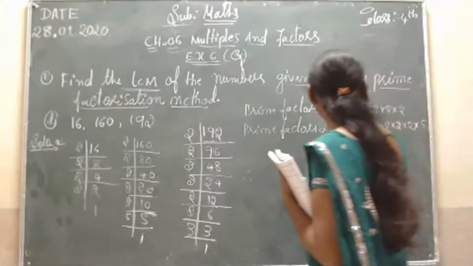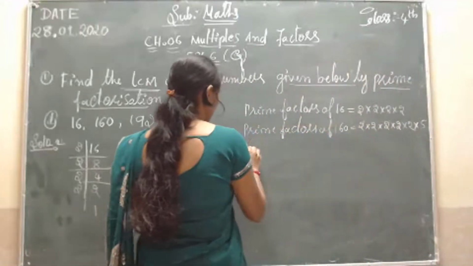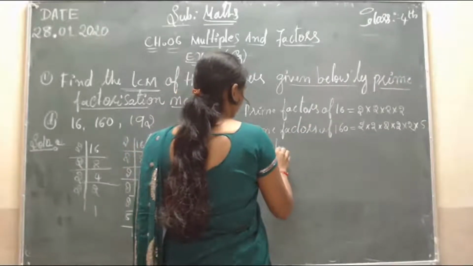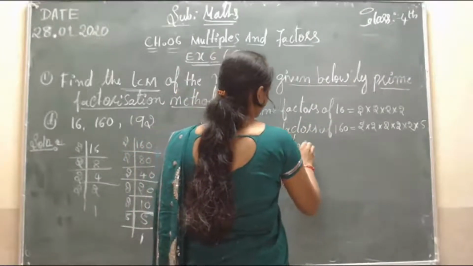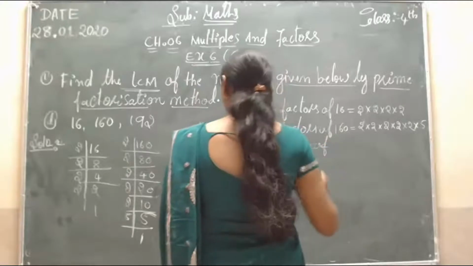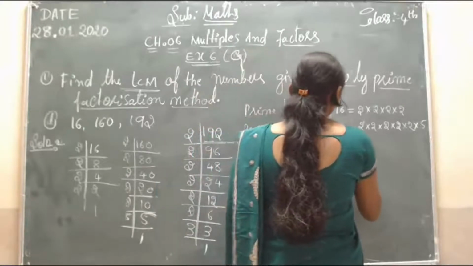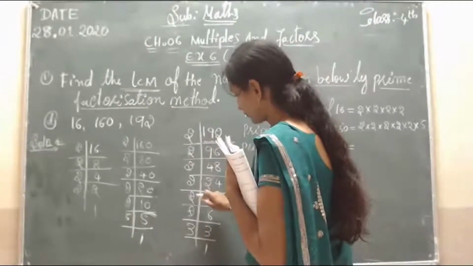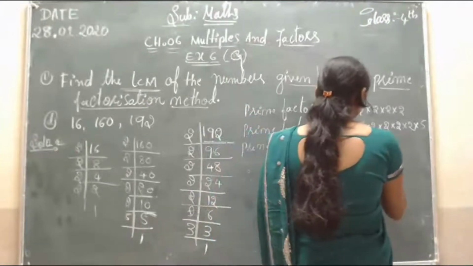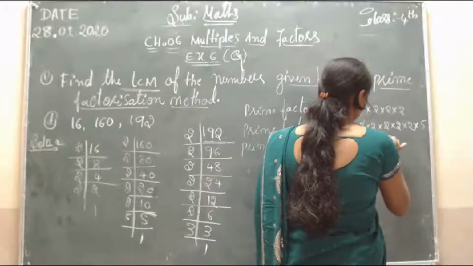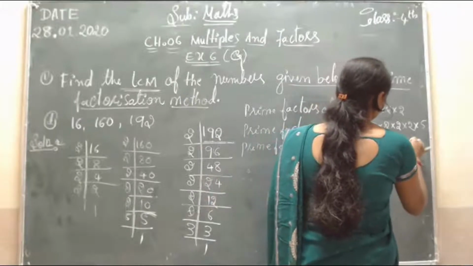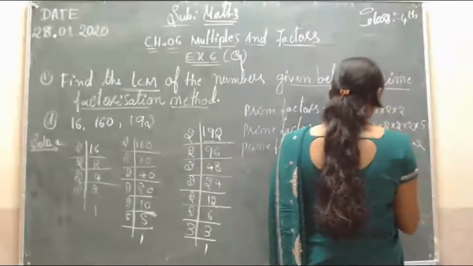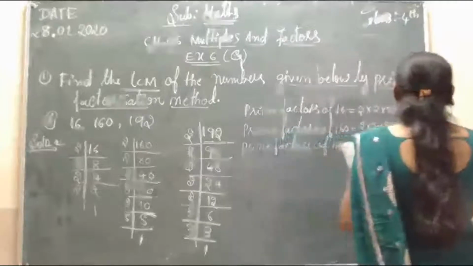Okay. So next, you see the prime factors of 192. So that is students, 1, 2, 3, 4, 5, 6.